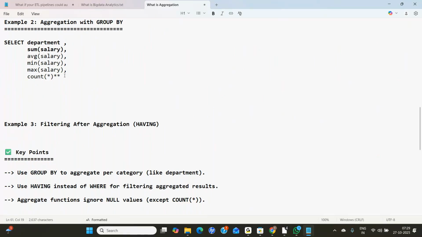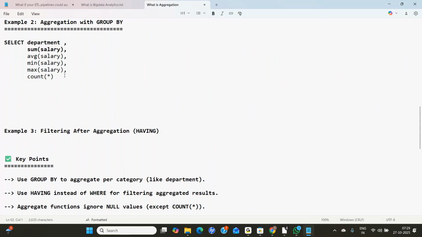Count star, and from, the table name is employees.